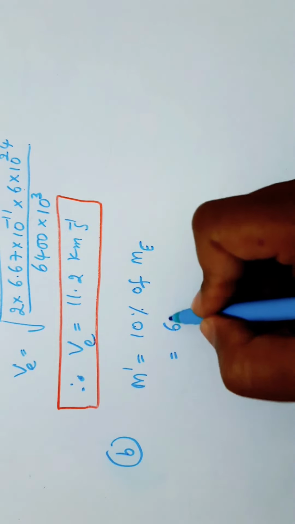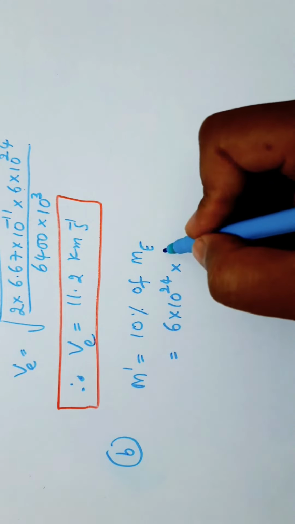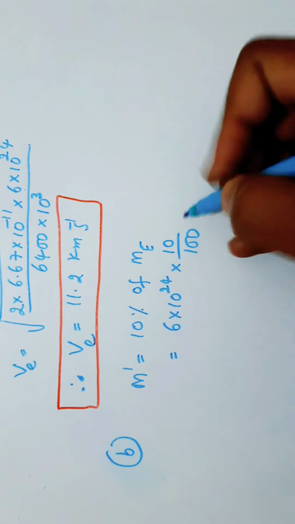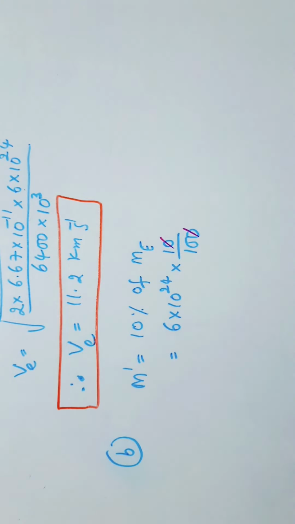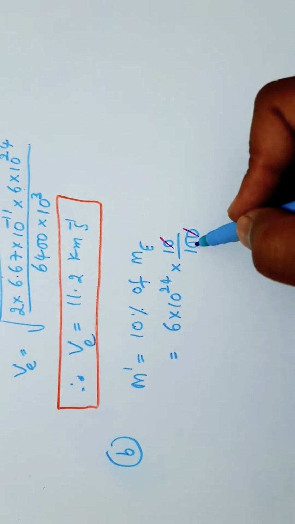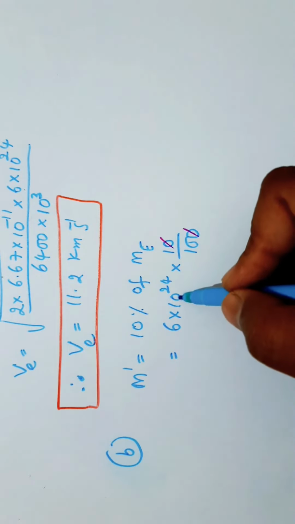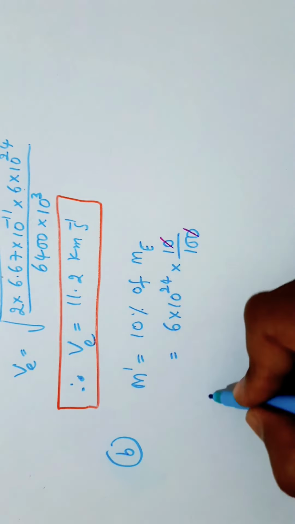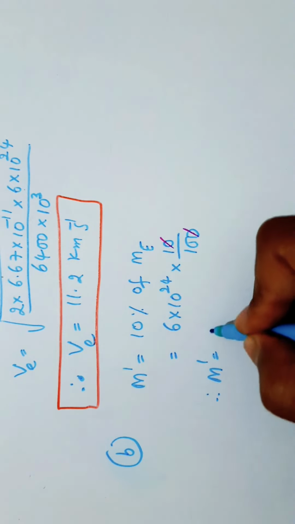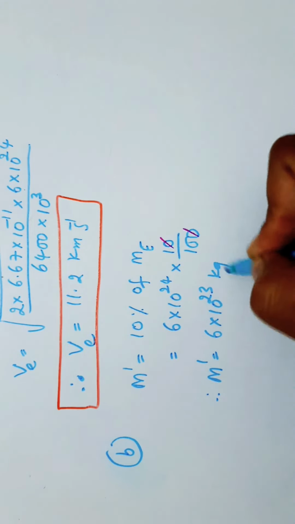So that is 6 into 10 to the power of 24 into 10%, that is 10 by 100. So here 0 cancel, take numerator 10 power of minus 1, that is 10 to the power of 24 minus 1, that is 10 to the power of 23. So therefore m dash is equal to 6 into 10 to the power of 23 kg.